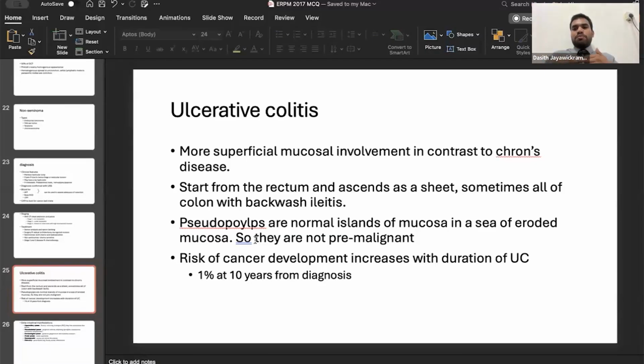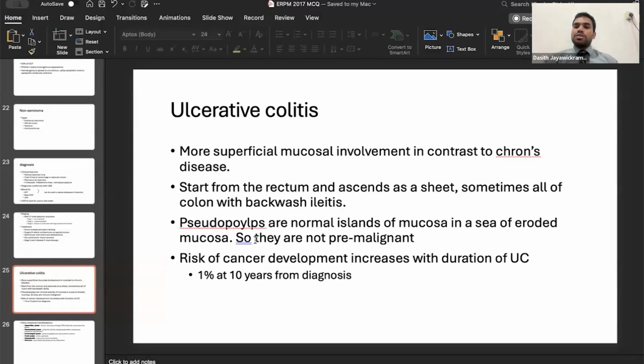But in Crohn's disease, it's not like that. It's a patchy disease, which is why it's called cobblestone disease. It can involve anywhere in the intestine: the colon, small intestine, distal ileum, the mouth, esophagus, anywhere. But most is in the terminal ileum and the right side colon.